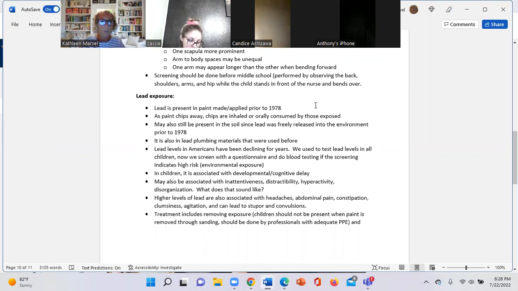So I always think of older houses or older schools. As paint chips away, it can be inhaled or orally consumed by the exposed. You ever see toddlers walking along windowsills putting chipped paint in their mouth? That's what that is, right? It may also still be present in the soil.